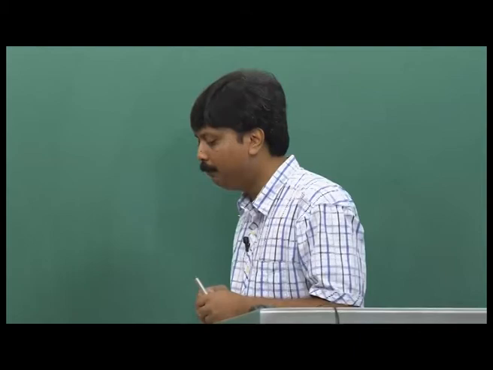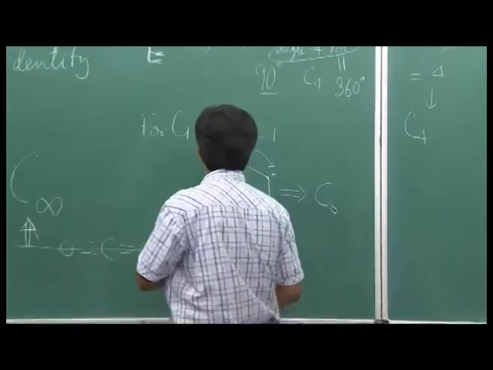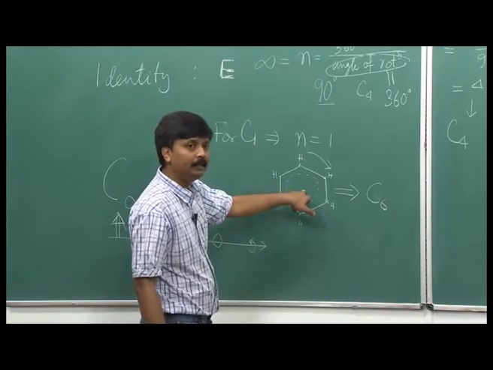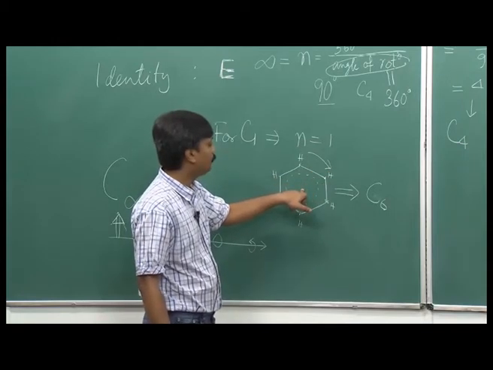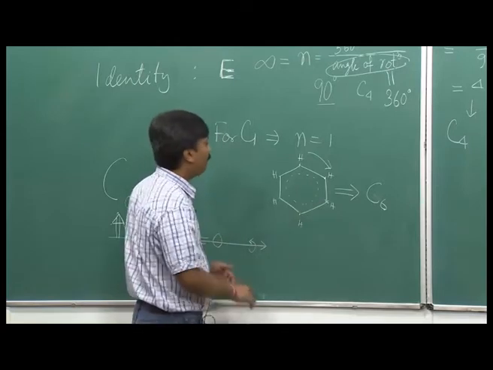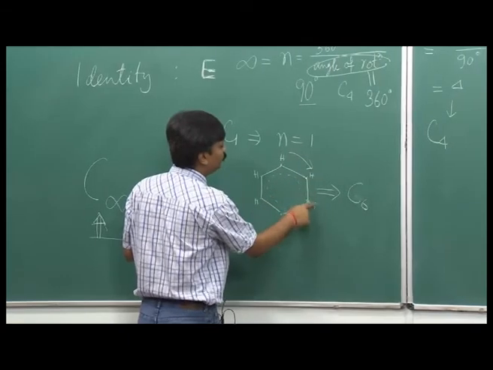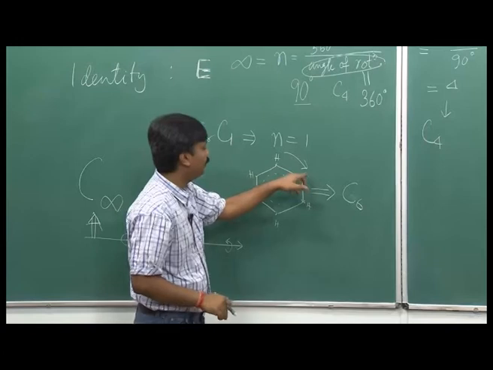Okay. So, for example, let us take this particular molecule, benzene. We have seen that there is an axis about which you can give a 60-degree rotation, and you can have a C6 axis. Now, for every C6 turn, this hydrogen goes here, this hydrogen goes here. So, you give a 60-degree movement here.